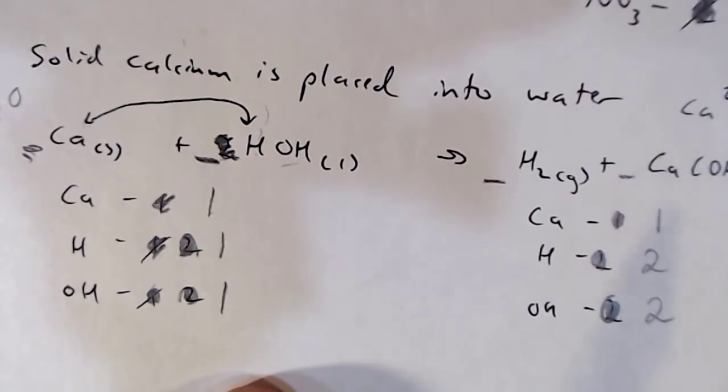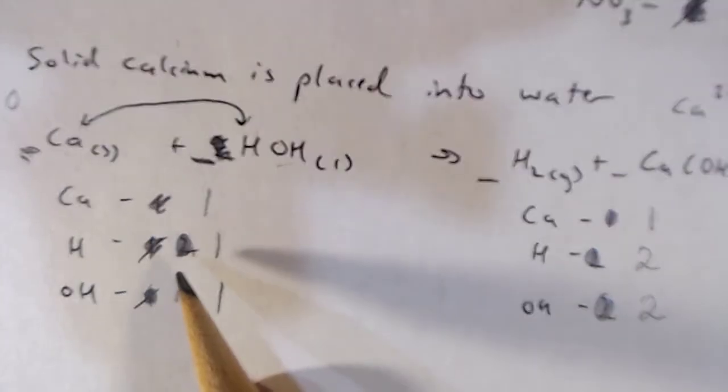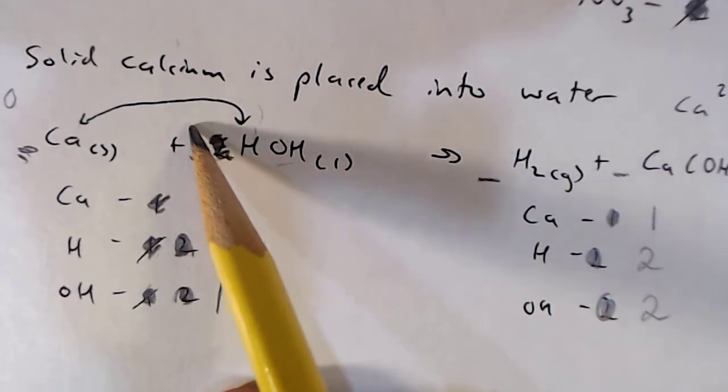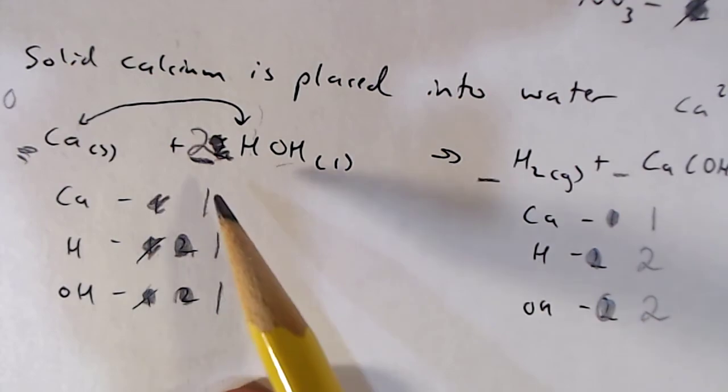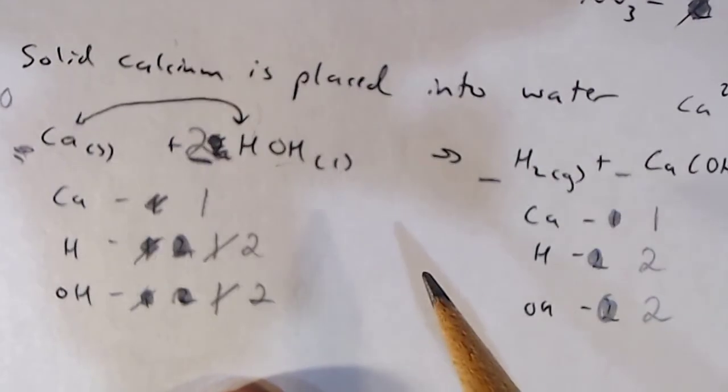So we're balanced for everything except hydrogen and hydroxide here. 2 of each on the right, but only 1 on the left. But if you put a 2 in front of HOH, then you'll have 2 H's and now 2 OH's balanced.